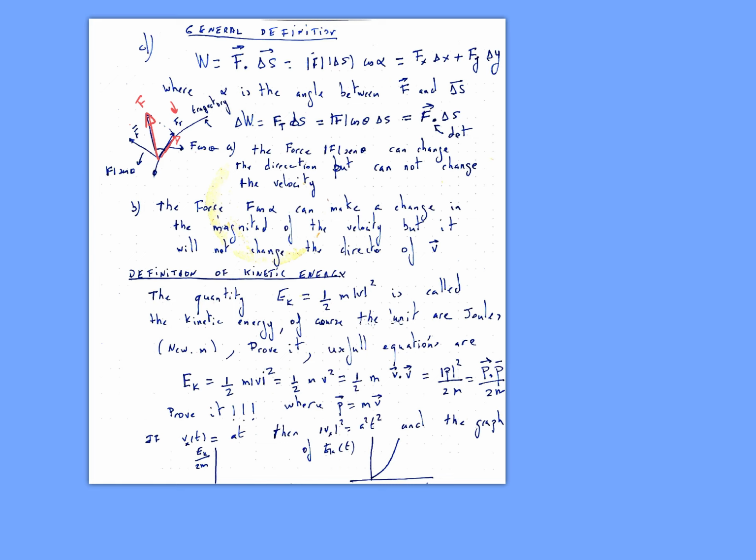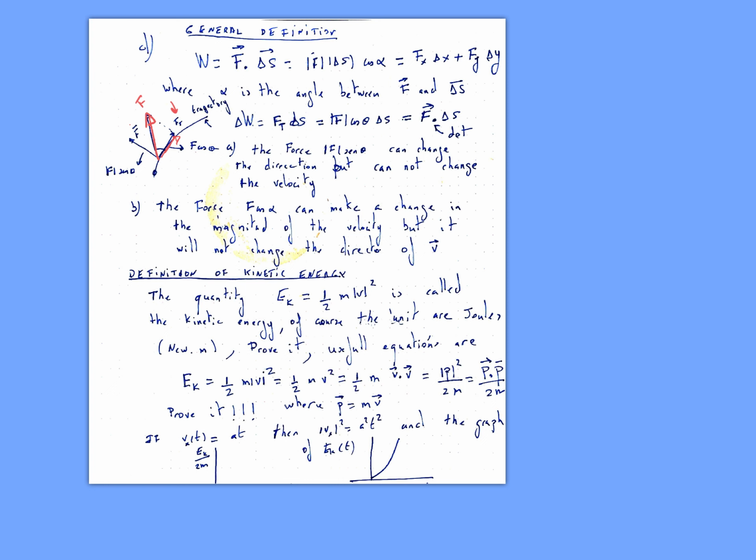The angle that v makes with v is 0, and cosine of 0 is 1. So v dot v is v squared. It can also be written as p squared divided by 2m. p squared is mv, everything squared: m squared v squared divided by 2m is 1/2 mv squared.